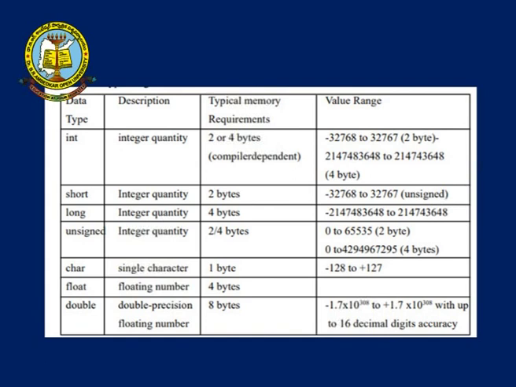And the next is floating point. Floating point is used to represent the fractional part of numbers. Like integers, floating point numbers also need 4 bytes of data. In the floating point family we have another data type, that is double. Double is used for higher precision values.